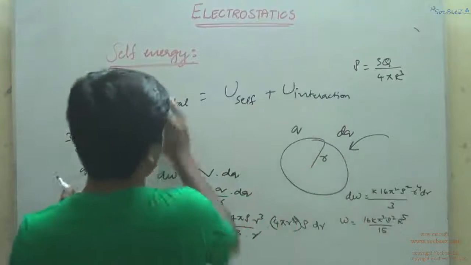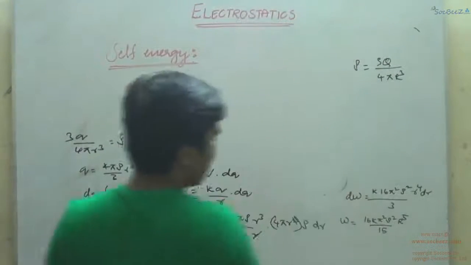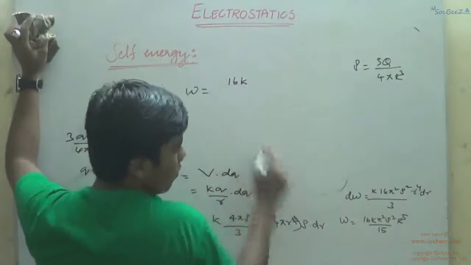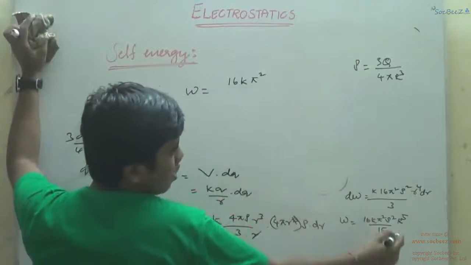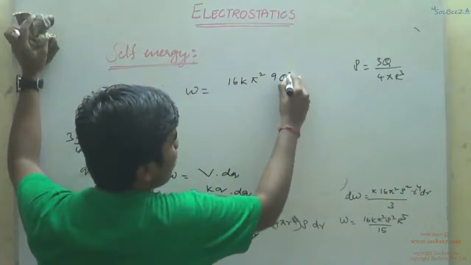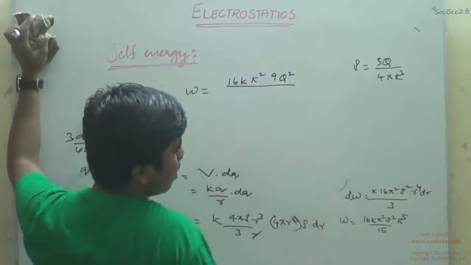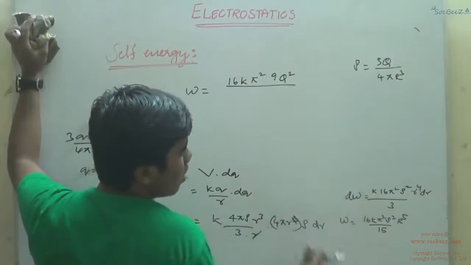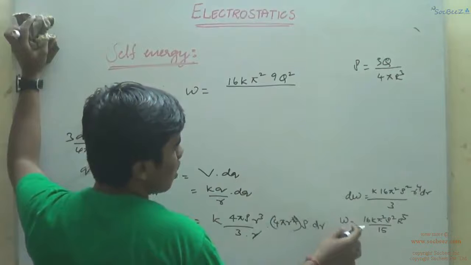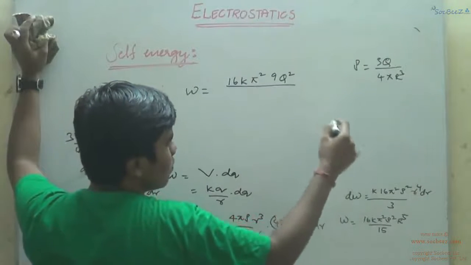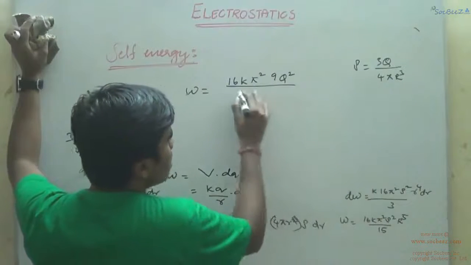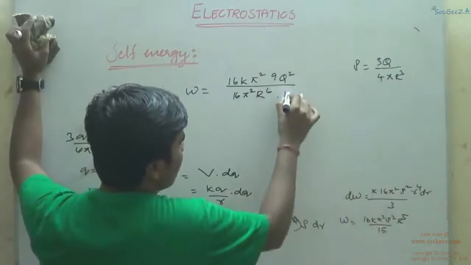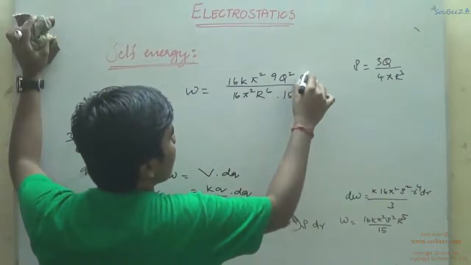So on substituting that, we get the work done as 16k pi square, rho square is 9Q square by 16 pi square r power 6, times r power 5 by 15.